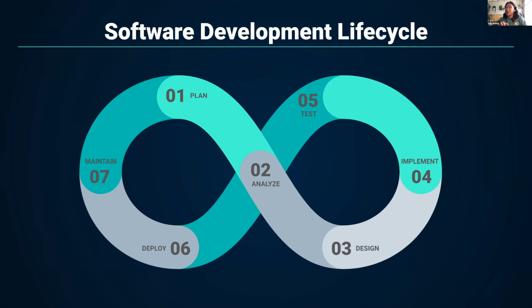I think the original SDLC methodology was created back in 1960 with the waterfall model, which is basically a similar type, but instead of being a loop, it just kind of cascades at each part. And the idea was that you do all of the work at the beginning so that by the time you get to the end, you have just the most logical progression of your software development. But that made it really hard to make changes.